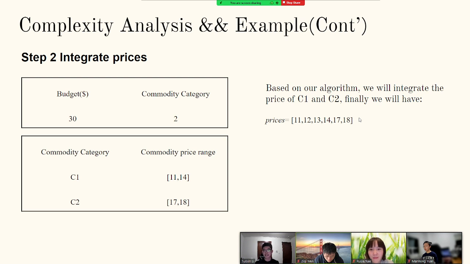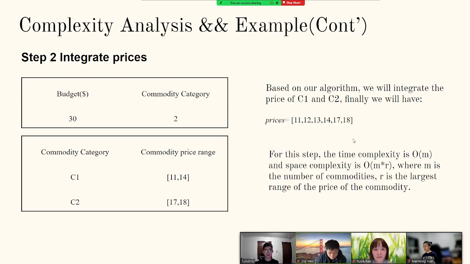Okay, for the next step, we are going to integrate the prices. Taking the former example, C1 had prices from 11 to 14. Finally, we will have this price array with the numbers from 11 to 14 and from 17 to 18.